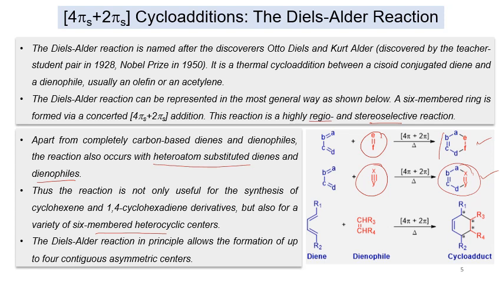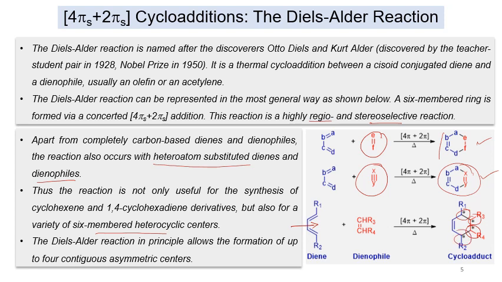Now, as you can see here in this particular transformation, if you are going to react a diene and a dienophile with four different groups, then you are going to generate four different contiguous stereocenters.